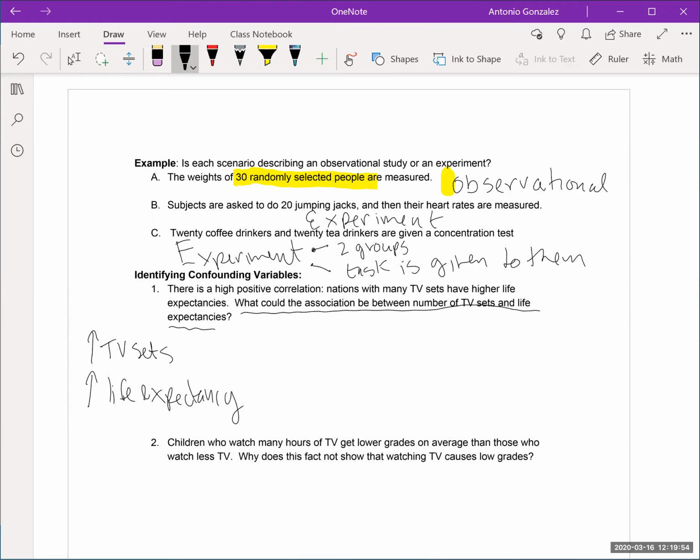Now, another thing to keep in mind is that just because there is a correlation doesn't mean that is the cause for the high life expectancy. So just one thing to always keep in mind, just because they say correlation, we want to make sure to understand that correlation does not equal causation.